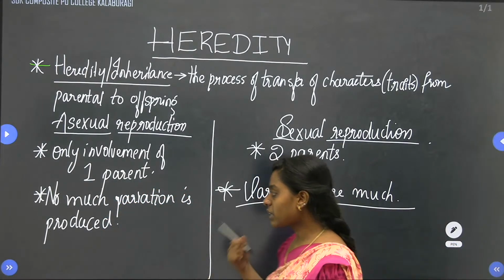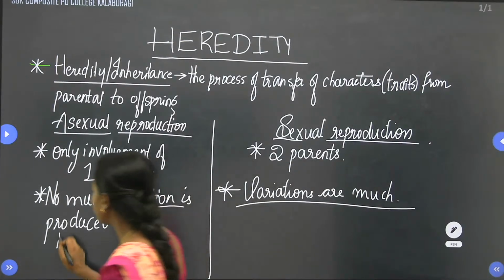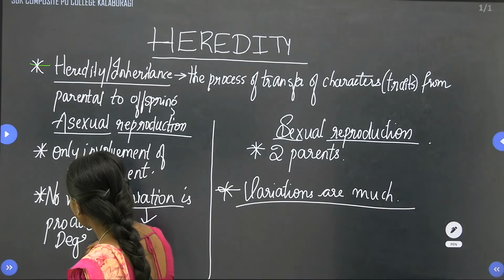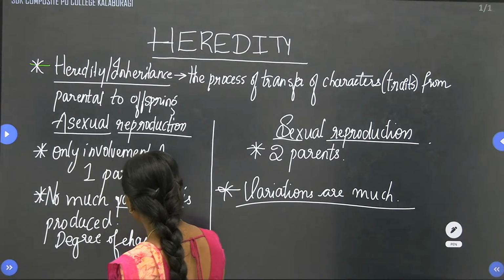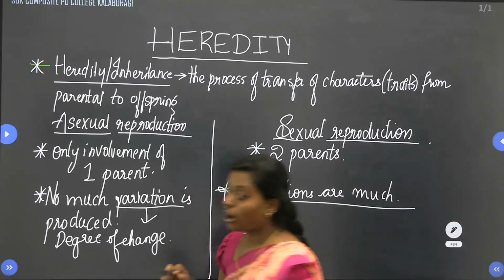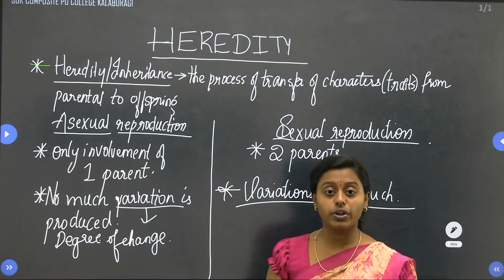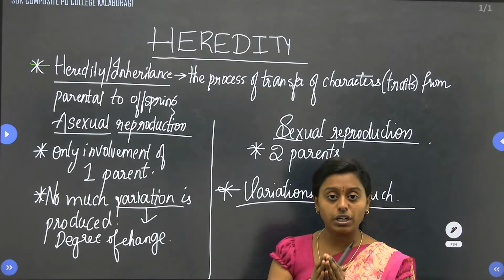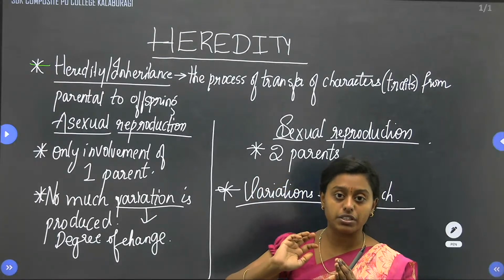Here the word variation refers to the degree of change. How much degree of change is observed in the offspring when we compare it with the respective characters of its parents.